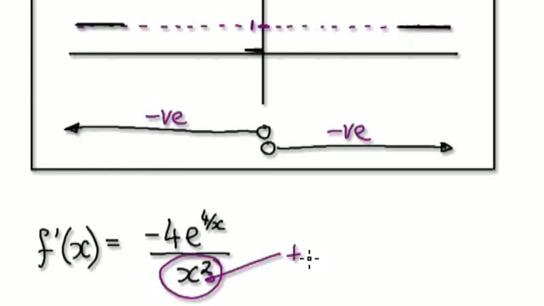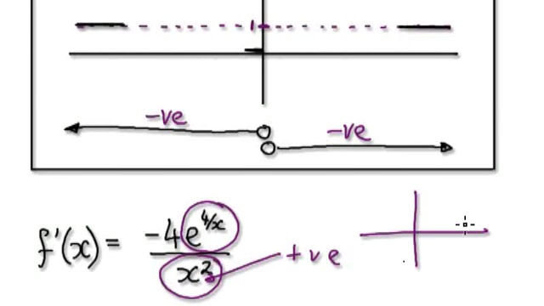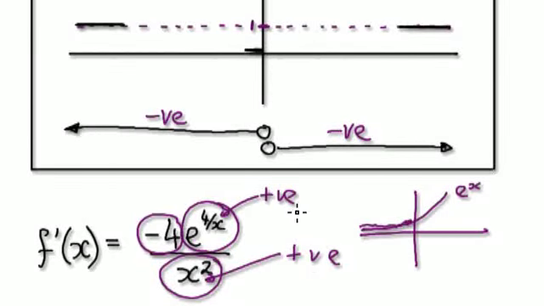Then this here, if you look at the graph of y equals e to the power of x, is always positive, considering anything apart from 0 on the negative side. But then you're timesing a negative number here, so overall, when x is over on this side, the gradient will be negative.